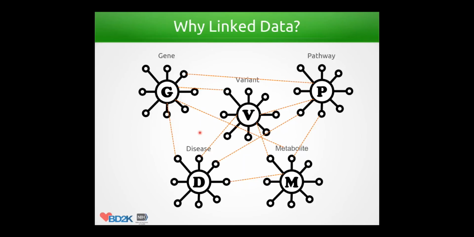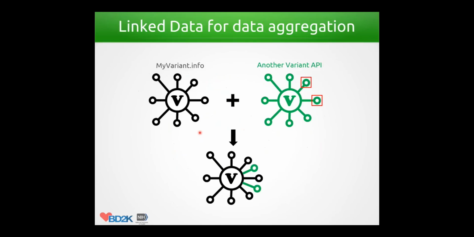So we would like to make all these APIs able to link together, able to query across those APIs, which will help with data aggregation and also help people discover other APIs. One particular use case I would like to show you: we have MyVariant.info, and we also talked to another collaborator.